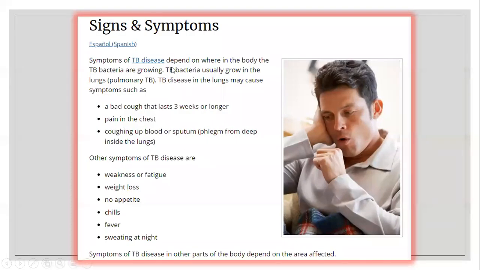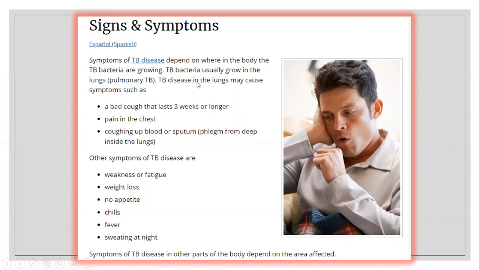Here we can see the signs and symptoms of tuberculosis according to the CDC. The symptoms of TB disease depend on where in the body the TB bacteria are growing. TB bacteria usually grow in the lungs. It is called pulmonary TB.